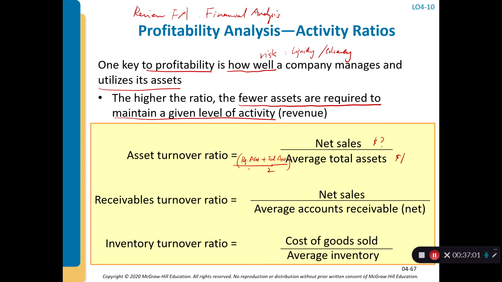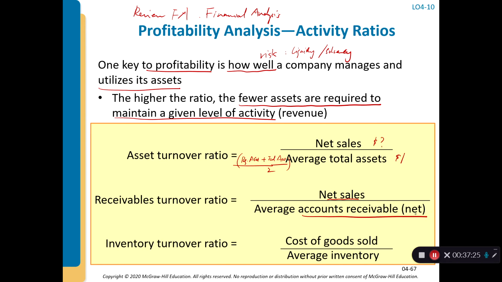So the asset turnover ratio provides an indication of how efficiently a company is utilizing all its resources to generate revenue. In terms of the receivable turnover ratio, the numerator is still net sales, but the denominator becomes average accounts receivable.